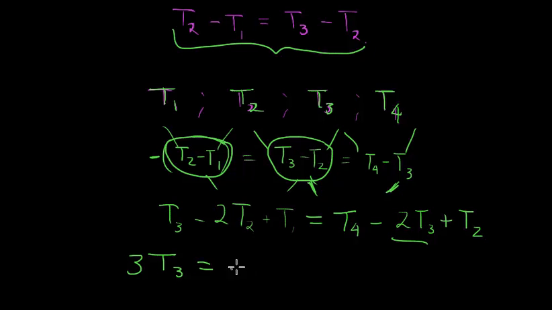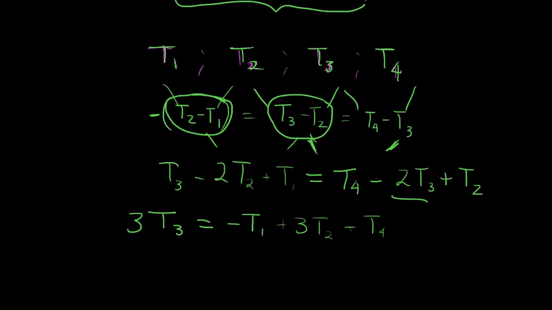Term 1 is with term 3 on this side, so it goes to the other side as negative term 1. Term 2 is 2 negatives on this side, so when they go, they join the other one on that side, so we'll have 3 term 2's, and then just plus 1 term 4.